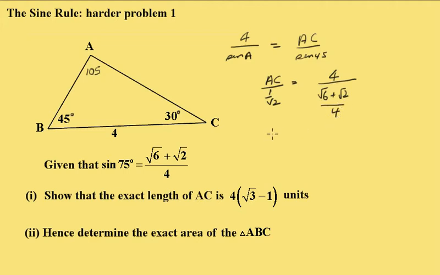So this becomes AC times root 2, but multiplying, this becomes 16 over square root of 6 plus the square root of 2.